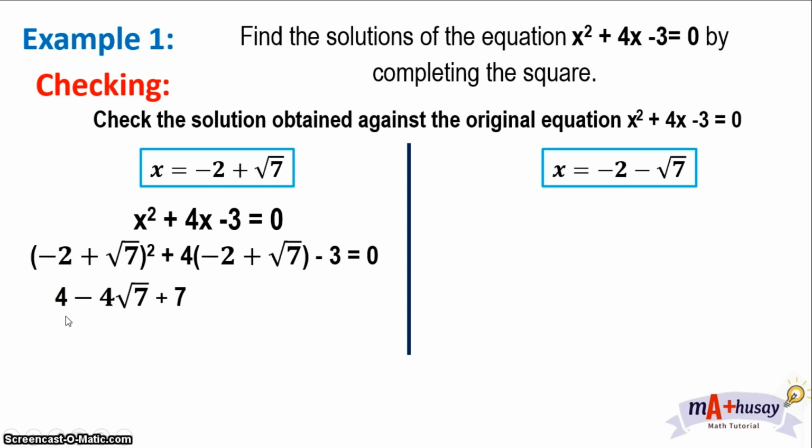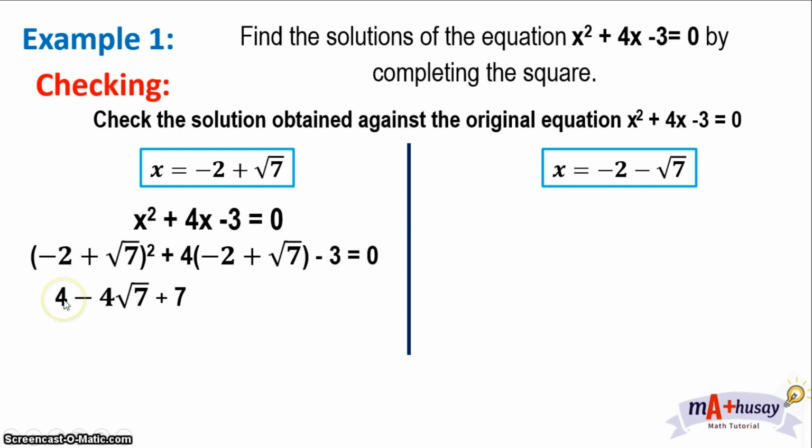Why is that? Take note that we have to square a and b, which are negative 2 and square root of 7. Then, to get the middle term, we combine these two and double it. Negative 2 squared is positive 4.